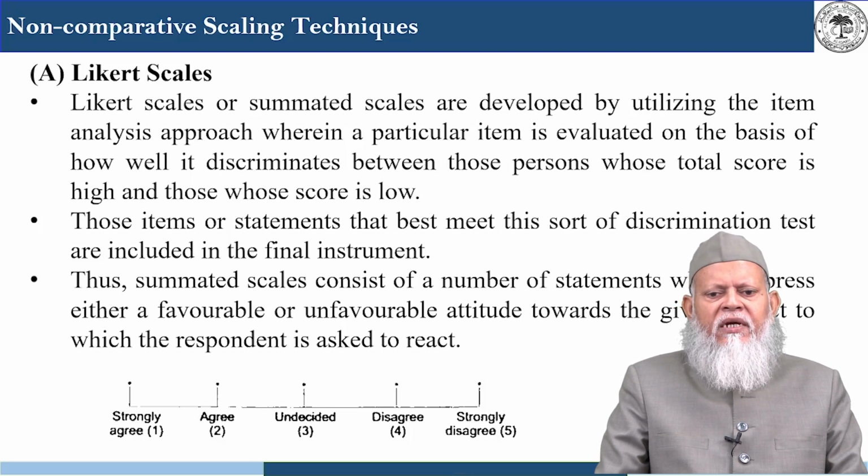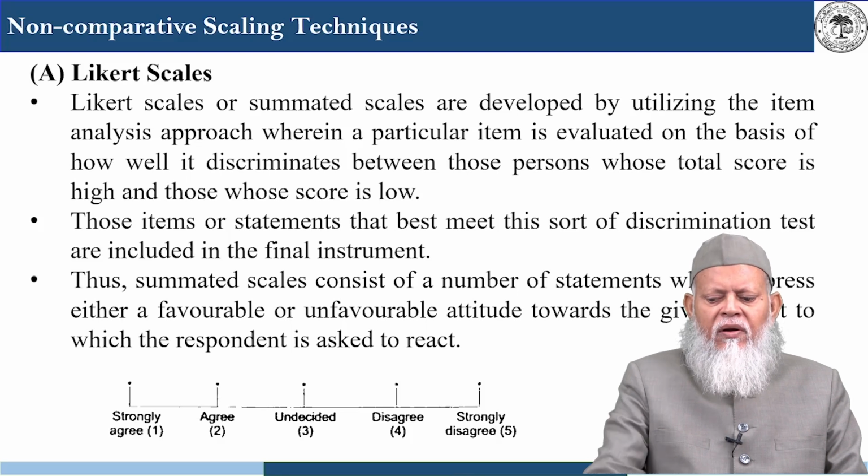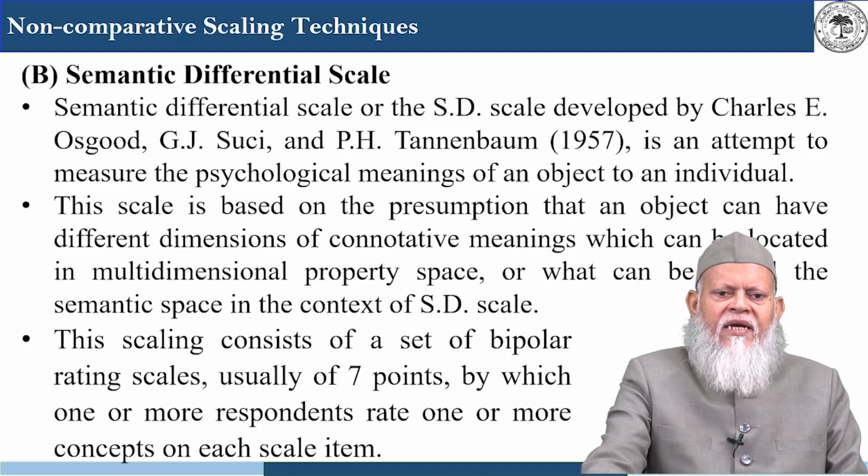Those items or statements that best meet this sort of discrimination test are included in the final instrument. The summated scales consist of a number of statements which express either a favorable or unfavorable attitude toward the given object or stimulus to which the respondent is asked to react.